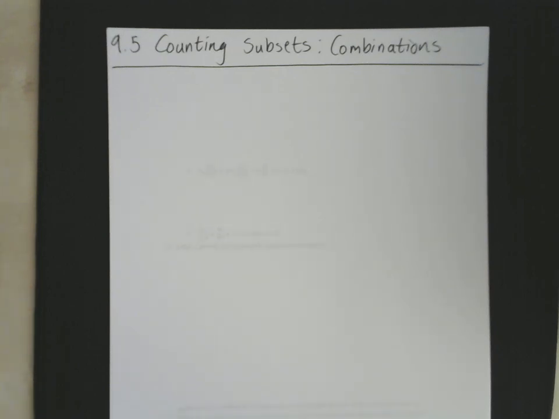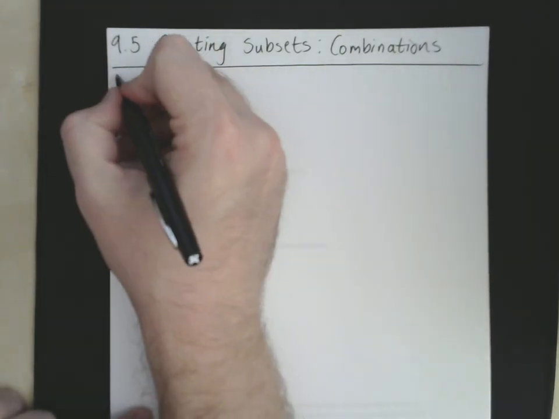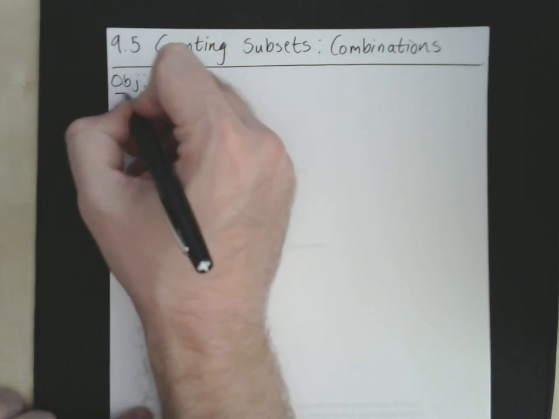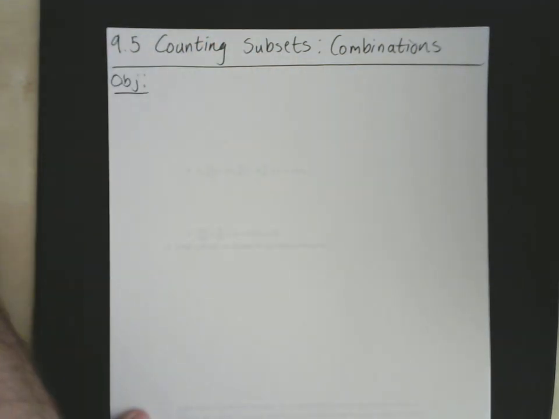All right, section 9.5 is all about counting subsets or combinations. So we looked at a construction of elements in a set before. We called them R permutations. These are combinations. So there are two things to look at here in this section.